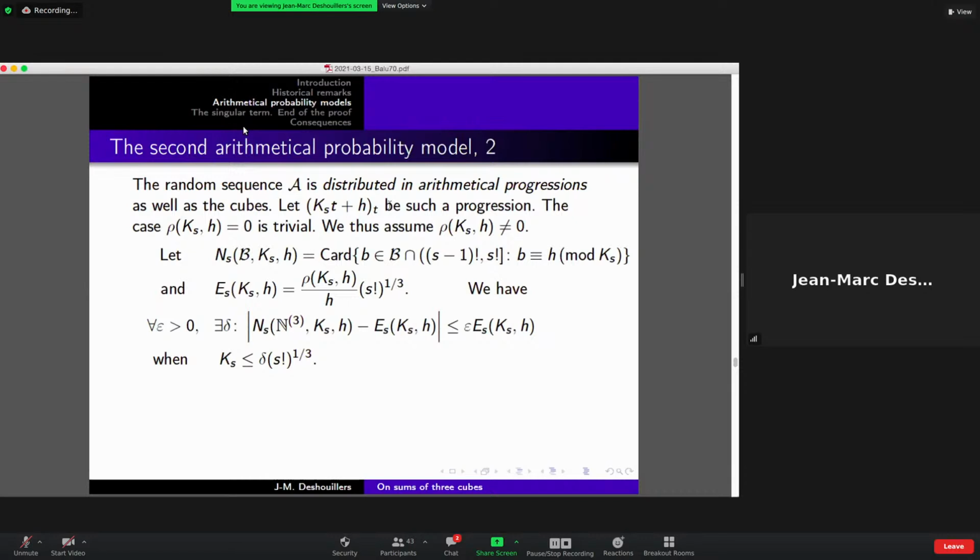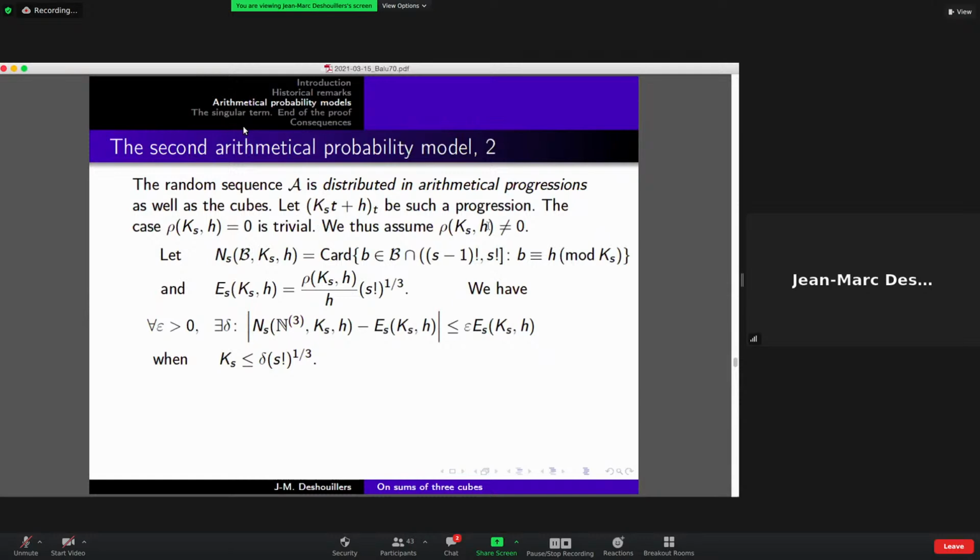So the sequence A is distributed in arithmetic progressions as well as the cubes. If you consider an arithmetic progression ks t plus h, the case where rho of ks of h is zero is trivial, of course, since there is nobody in this arithmetic progression.